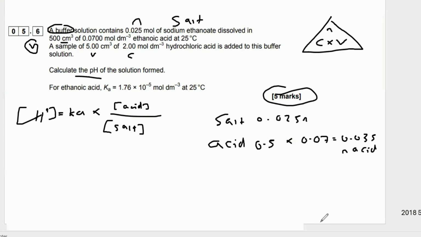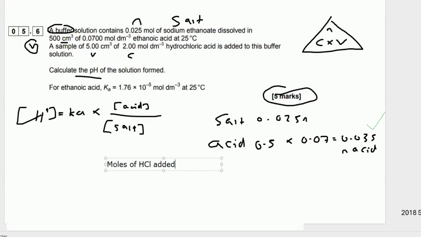Next step, we've added some hydrochloric acid, so we're going to need to know the moles of HCl added. If you forgot to take account of the fact that the original salt moles and acid moles I just worked out, the 0.025 of salt and the 0.035 of acid, are going to change because we've added an acid to our buffer.